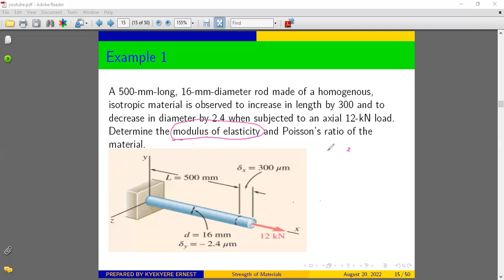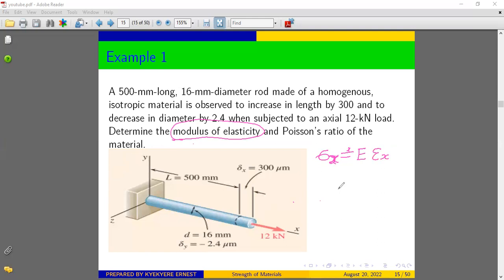And we know that the modulus of elasticity is related to the stress by this formula. The force has been applied in the x-axis, so we can say that the stress in the x-axis will be equal to the modulus of elasticity times the strain in the x-axis.